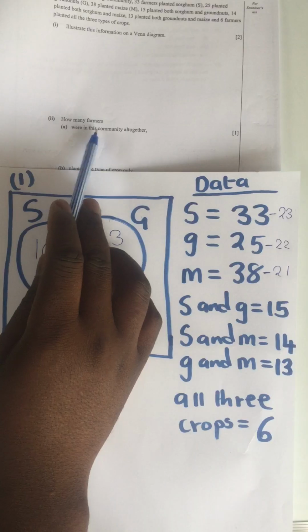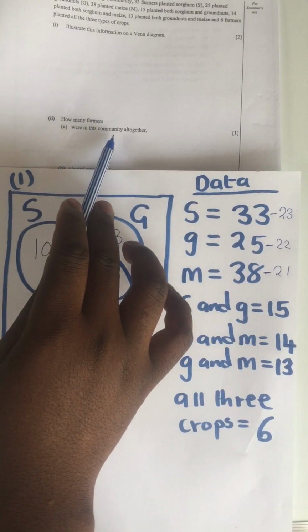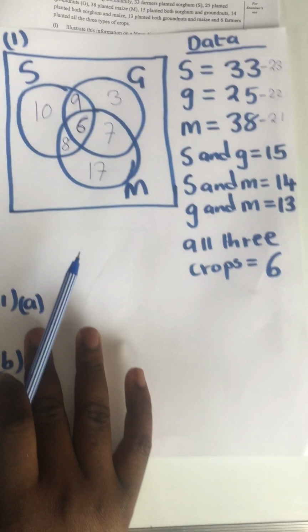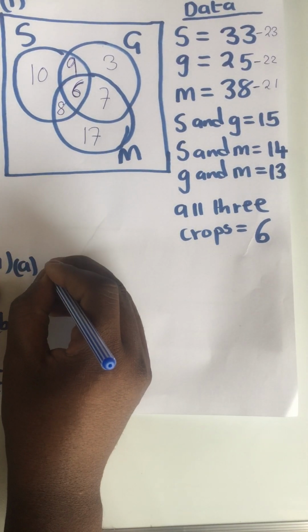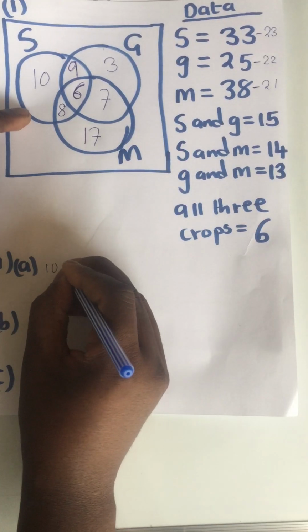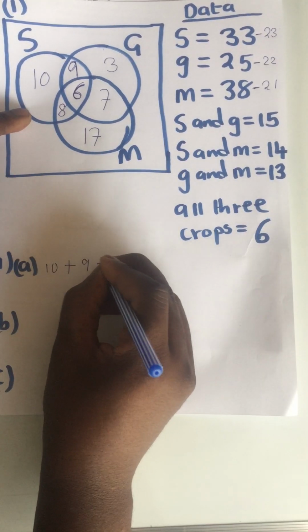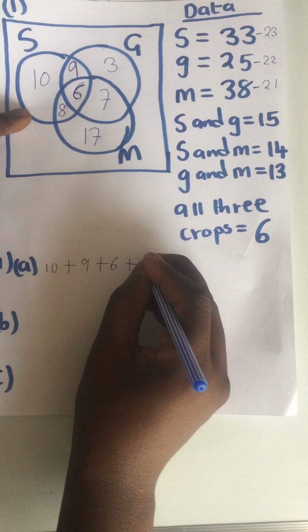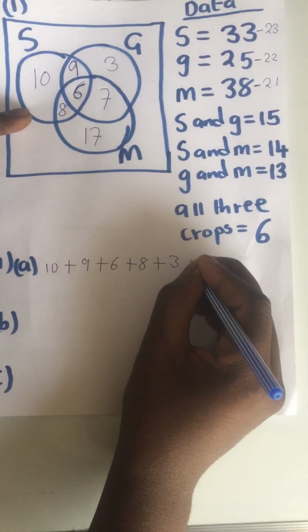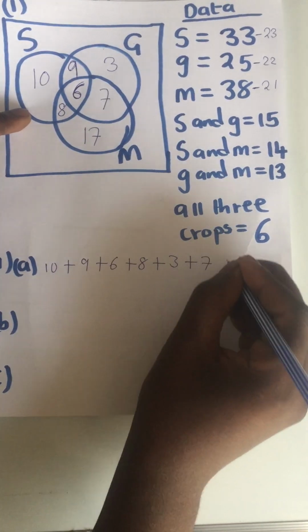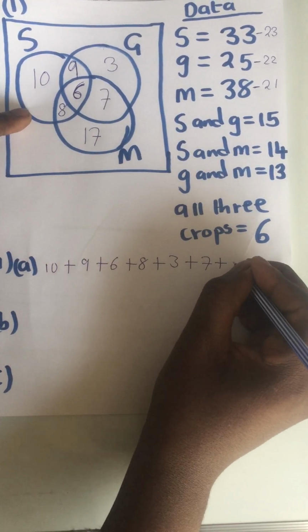How many farmers were in this community altogether? So what do you do? For this one, you add. You say 10 plus 9 plus 6 plus 8 plus 3 plus 7 plus 17.